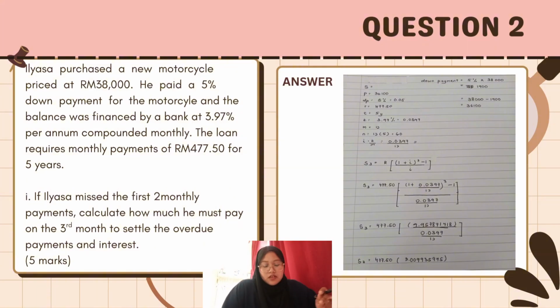So S3 equals 477.50 open bracket 1 plus 0.0397 per 12 to the power of 3 minus 1 close bracket per 0.0397 per 12.